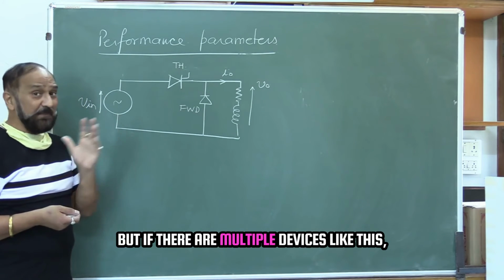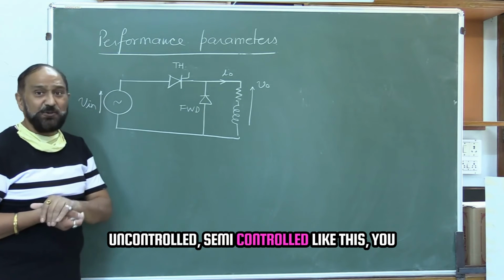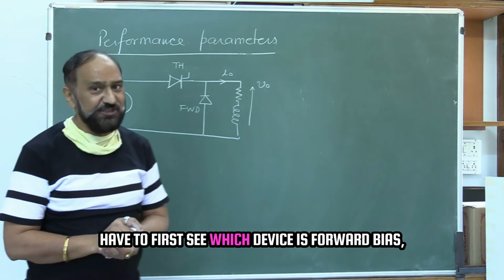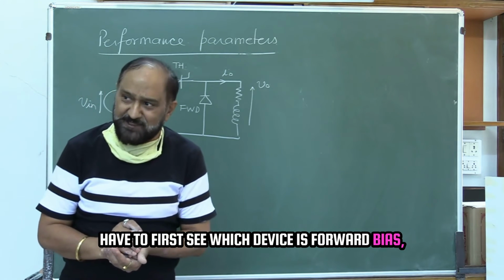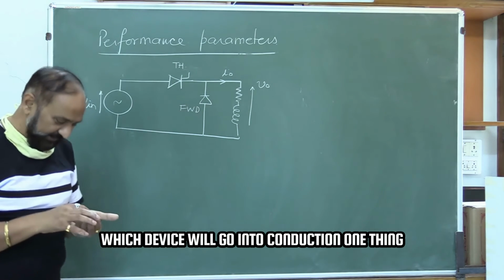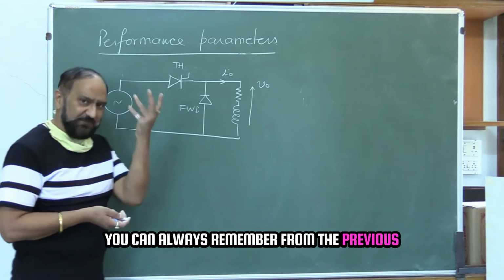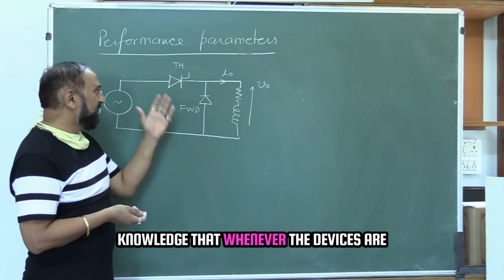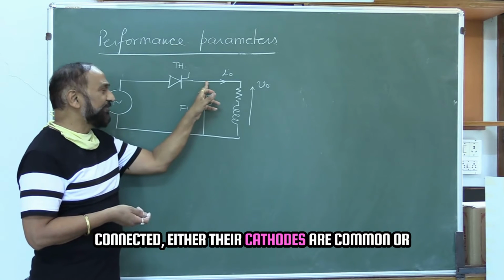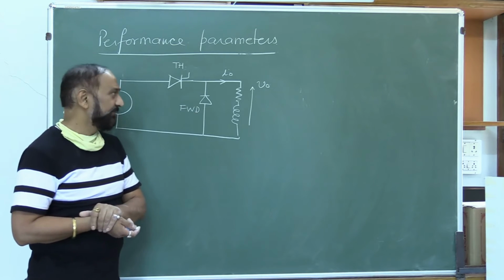But if there are multiple devices like this, uncontrolled, semi-controlled, you have to first see which device is forward biased, which device will go into conduction. One thing you can always remember from previous knowledge is that whenever the devices are connected, either their cathodes are common or their anodes are common, right?